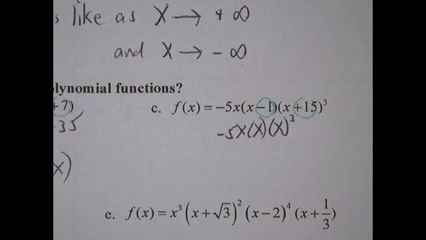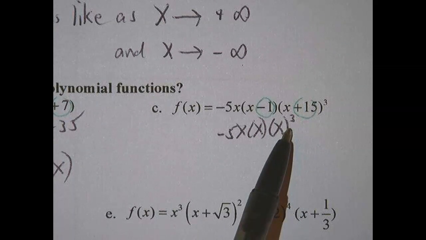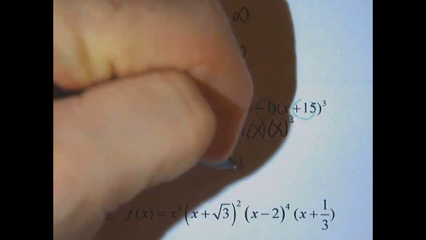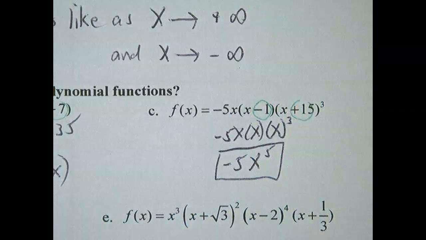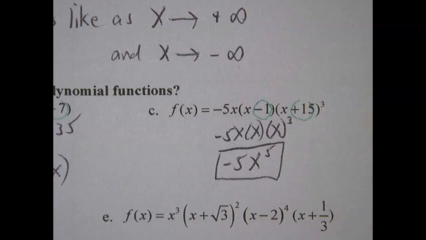Now I just multiply that out. Negative 5, x to the first plus third, that's fifth, right? We add the exponents. So this is negative 5x to the fifth, and there's the first term. Much, much easier than multiplying this all out. You really don't want to do that.